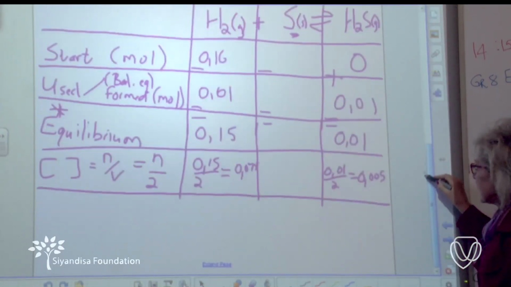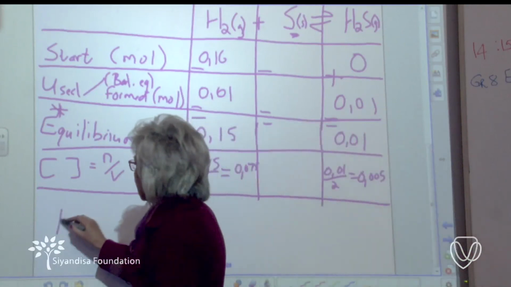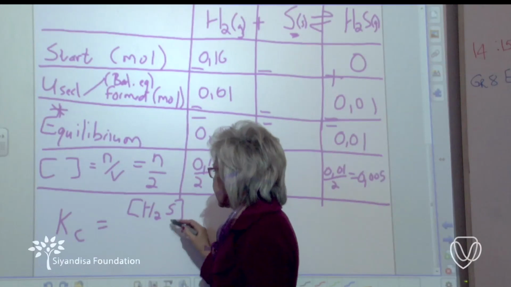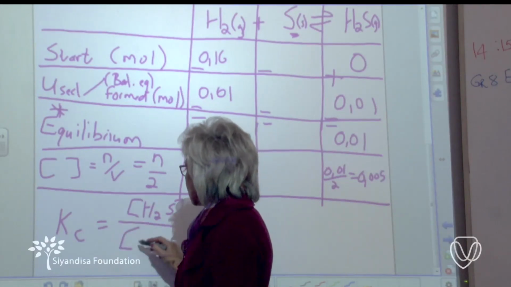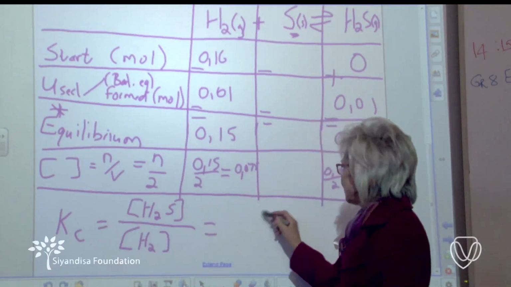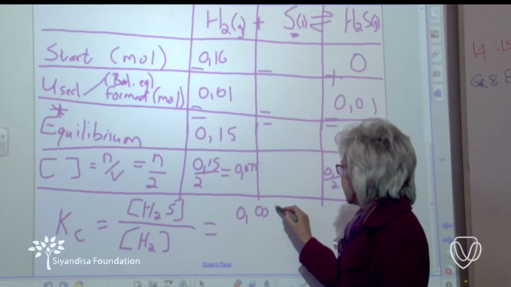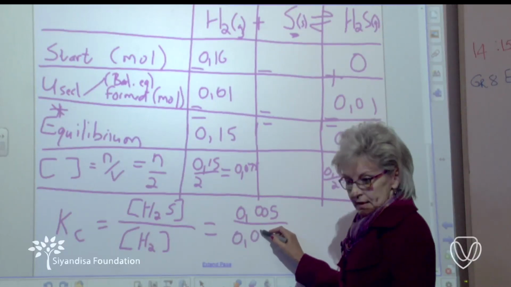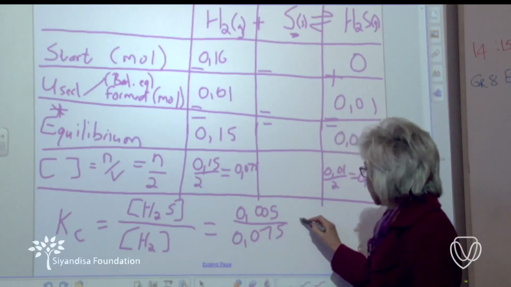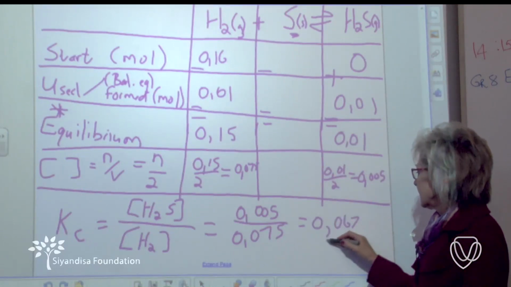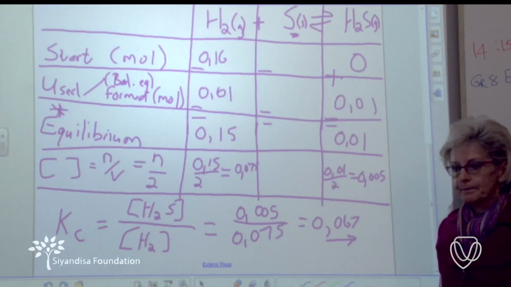And now to calculate Kc, it is the concentration of the products in gaseous state divided by the concentration of the reactants in gaseous state. So that would be 0.005 divided by 0.075, and that gives us a value of 0.067, and that was then the answer.